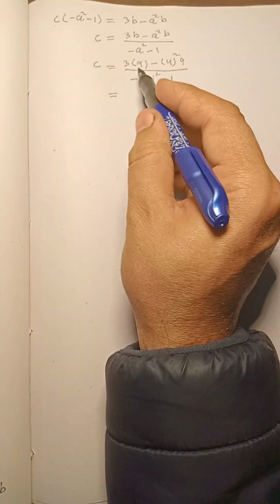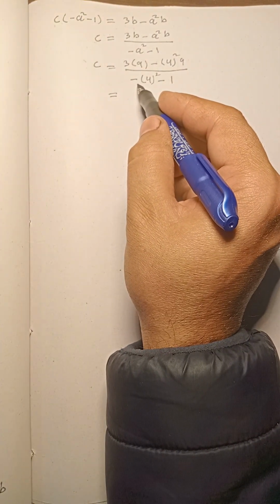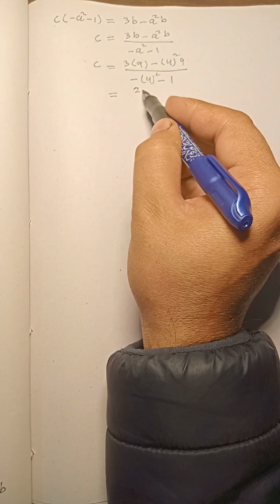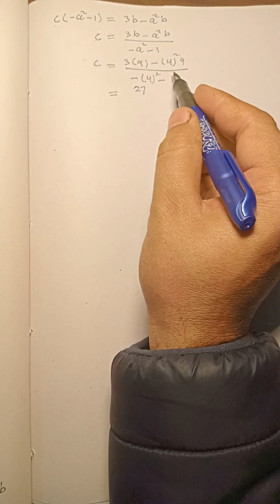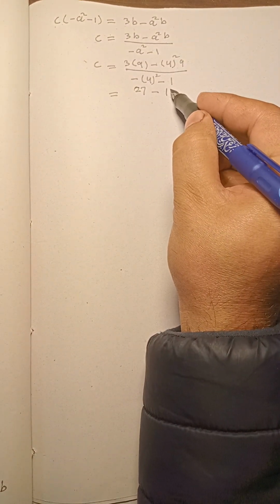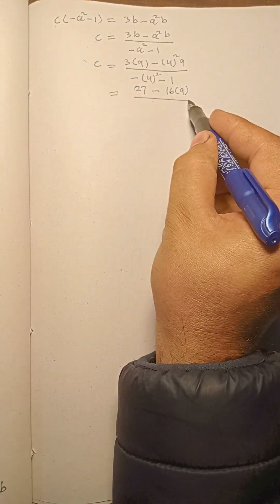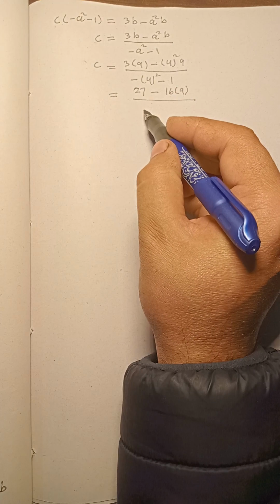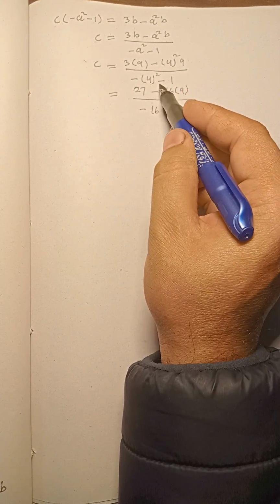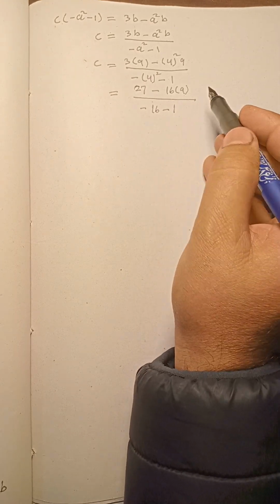Now solve it further. 3 9s are 27. 27 minus 4 squared, which is 16, into 9. You will take the square of 4, it will become 16, and minus 1 here.